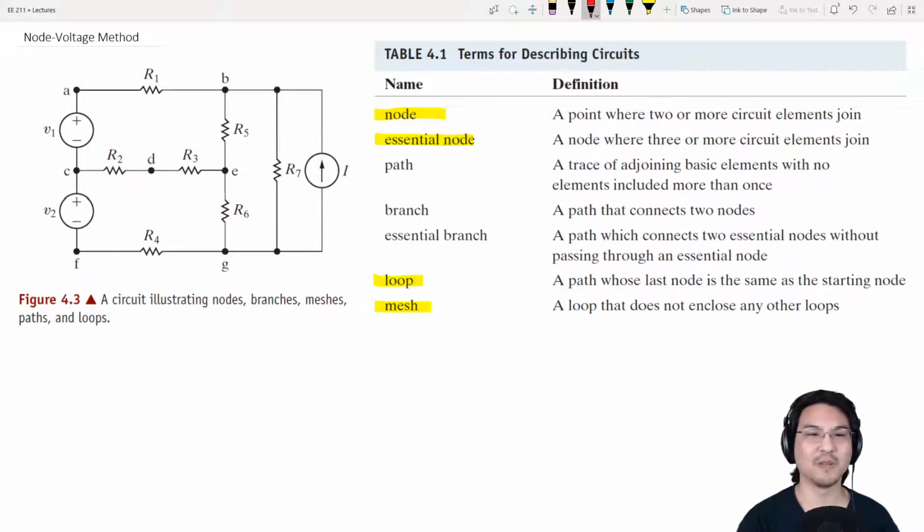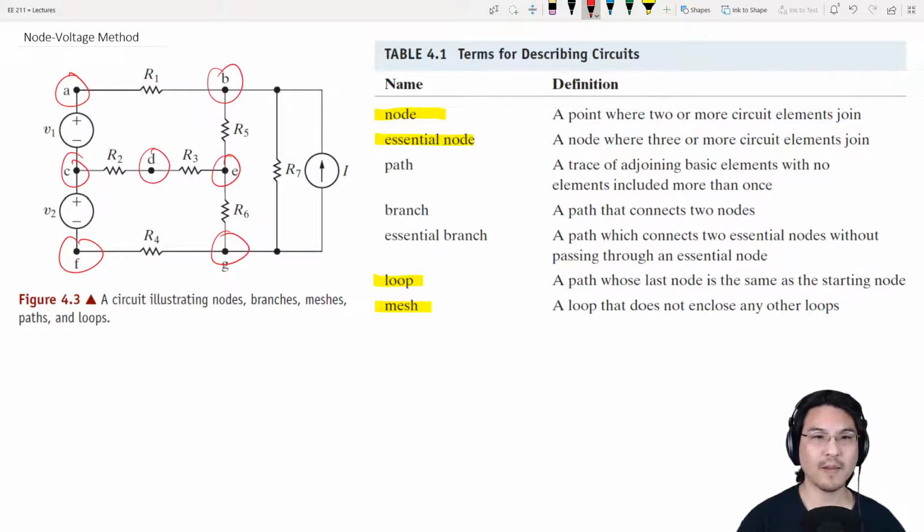A node is where two or more circuit elements join. So all the ones with letters are nodes. Let me point out that these are the same, and for G, these are the same.